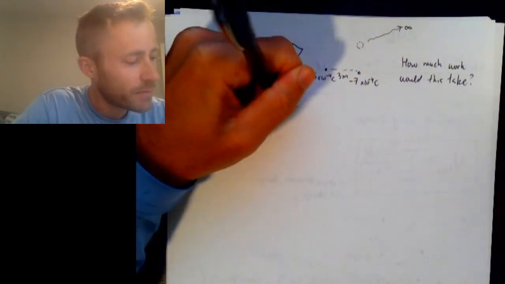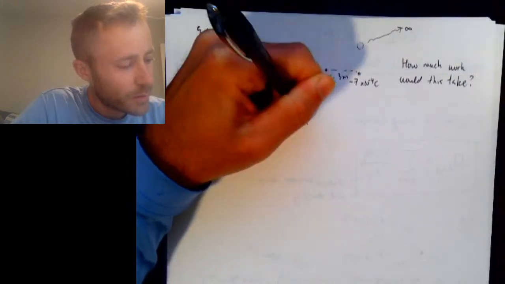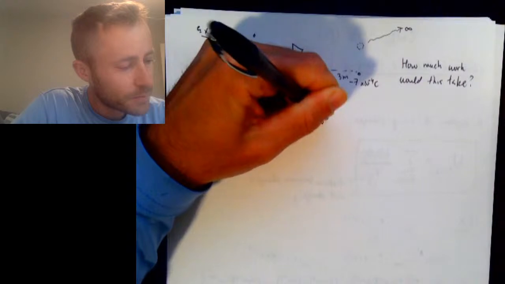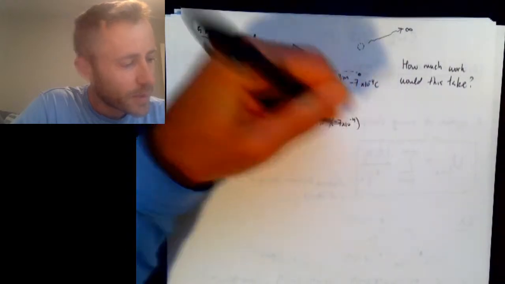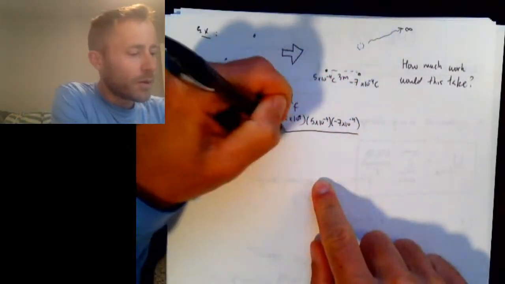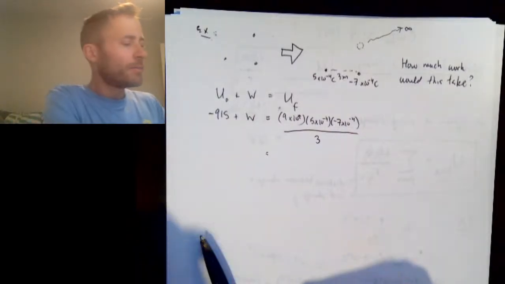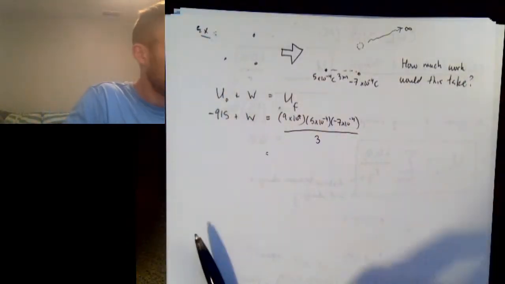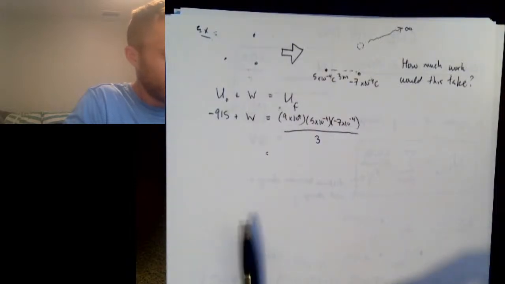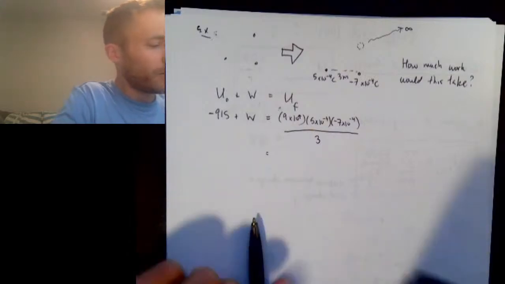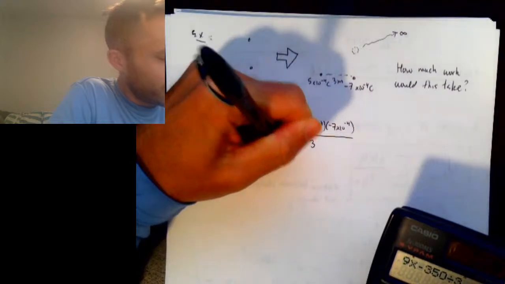It's going to be k times Q1 times Q2 over r. And that gives negative 1050.